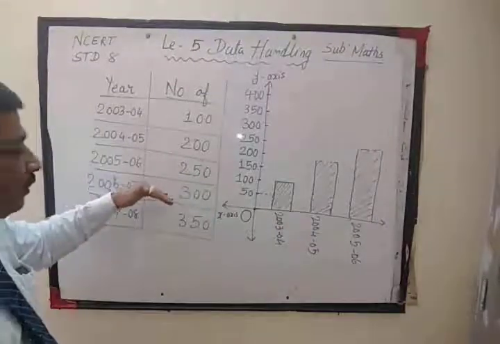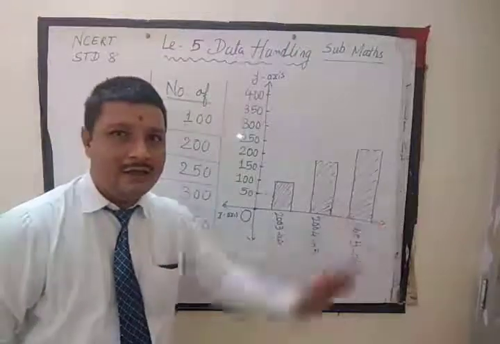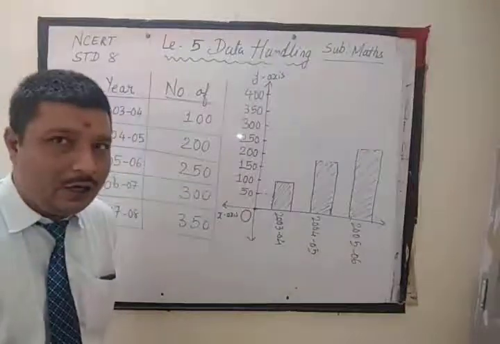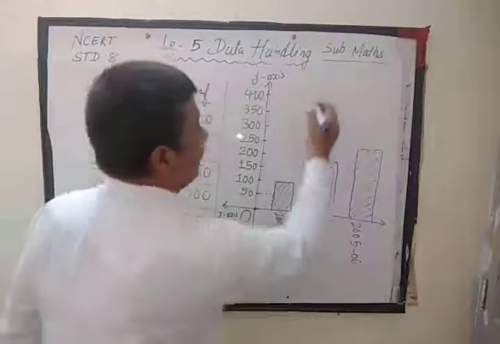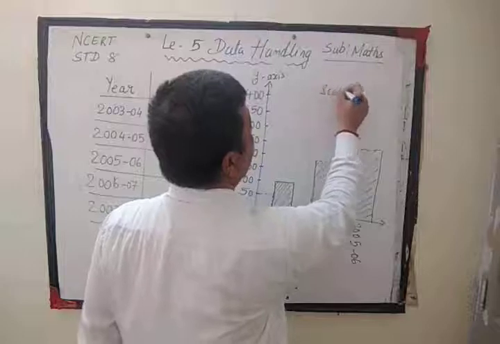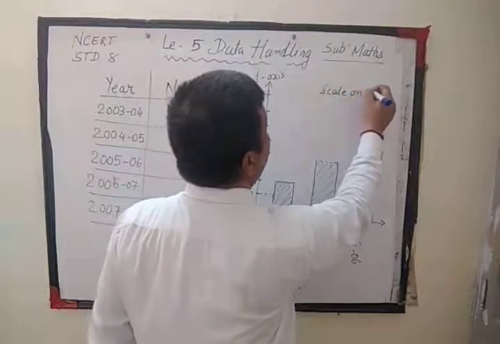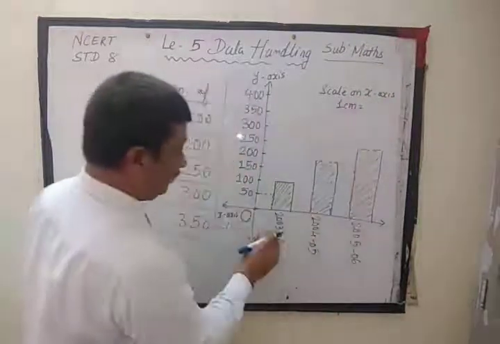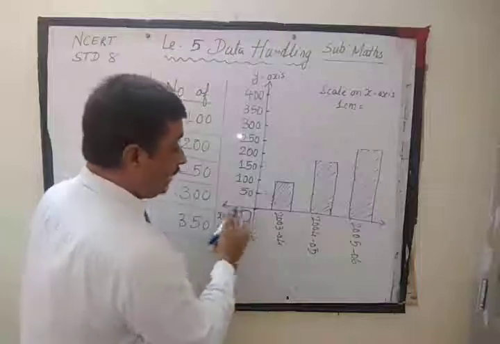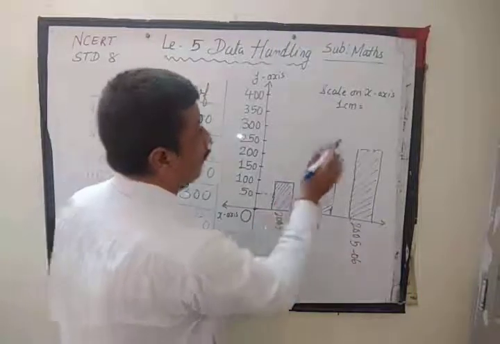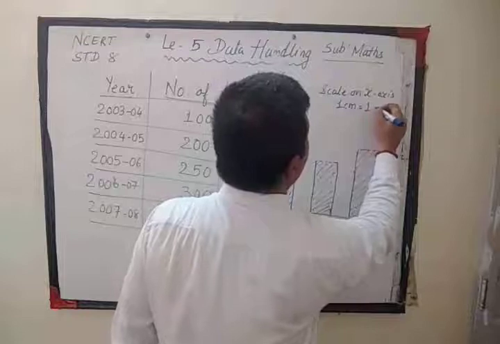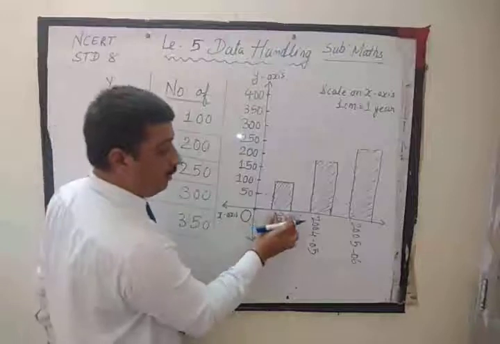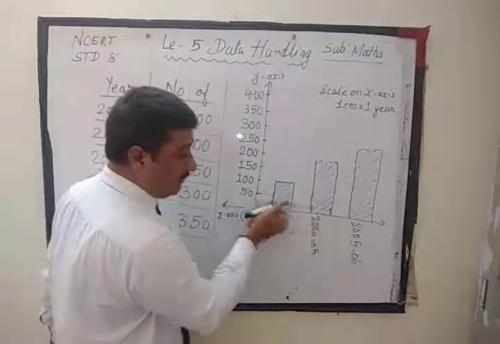So similarly you can go for 300 and 350 also by keeping equal distance between the bars. This is an example you can draw in your graph book. Now scale is also required. On the x-axis, what have we taken? On the x-axis we have taken 1 centimeter as 1 year. The width kept is 1 centimeter, 1 year. The gap left is the distance between the bars.